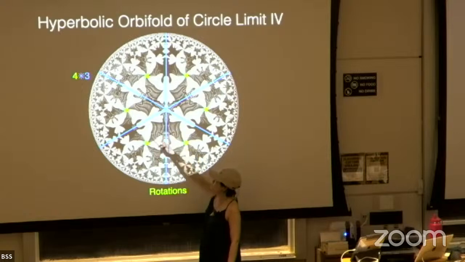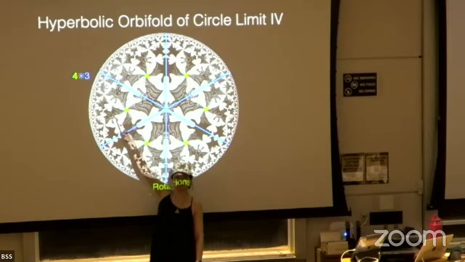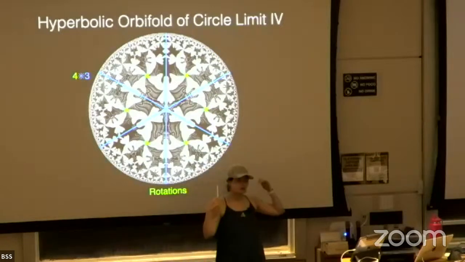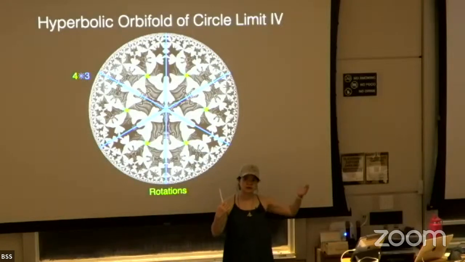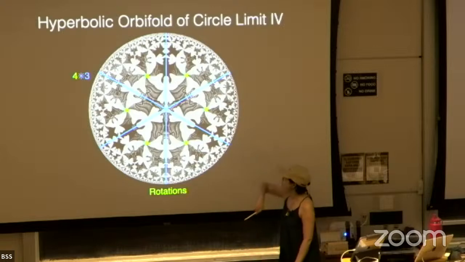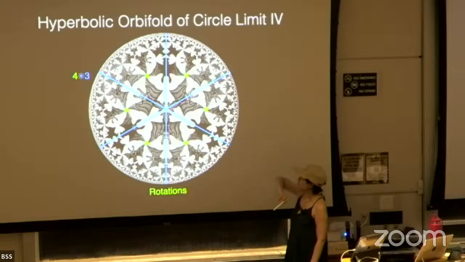So here we've subtracted off an extra bit for the extra mirror. So any combination of these orbifolds that has negative Euler characteristic can be something that maps onto a symmetry of the hyperbolic plane.